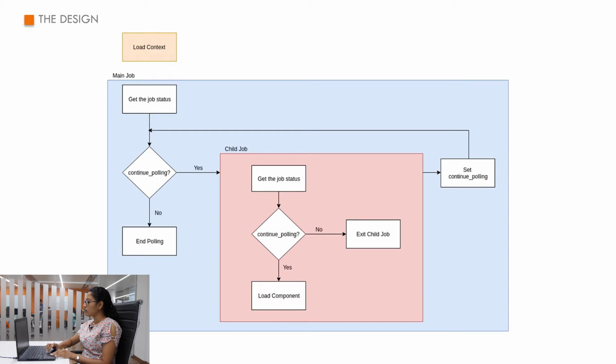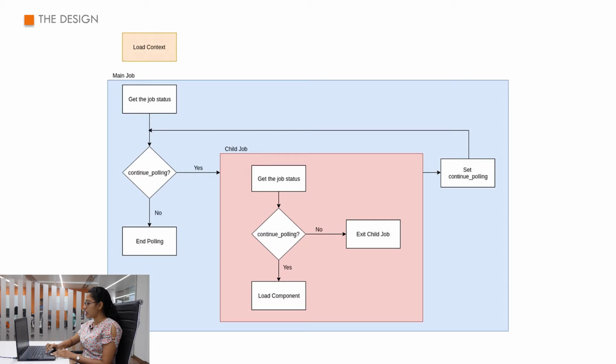This is just one way of designing polling using Talend. Here I have used 3 jobs: one main job, and within it 2 other jobs, one child job as well as another job to load components based on their status.